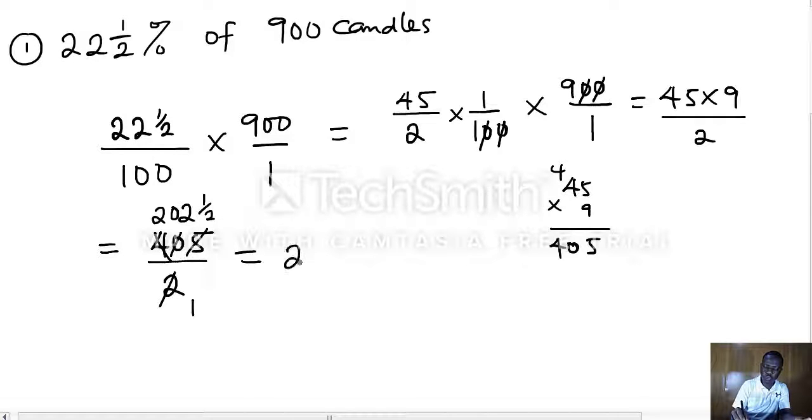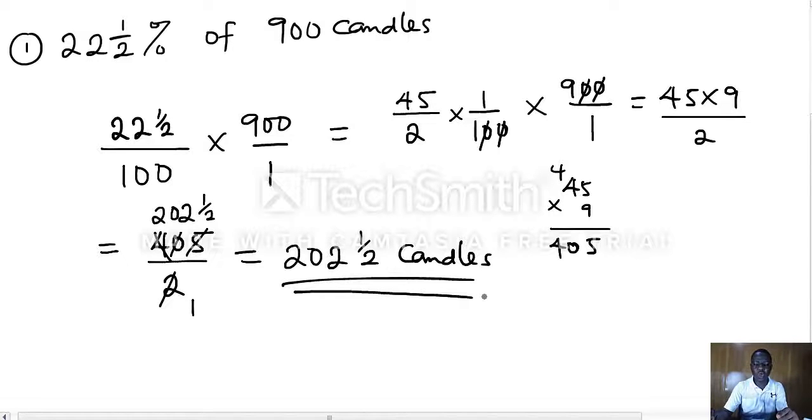So this is equal to 202.5 candles. So that means 22.5% of 900 candles is equal to 202.5 candles.